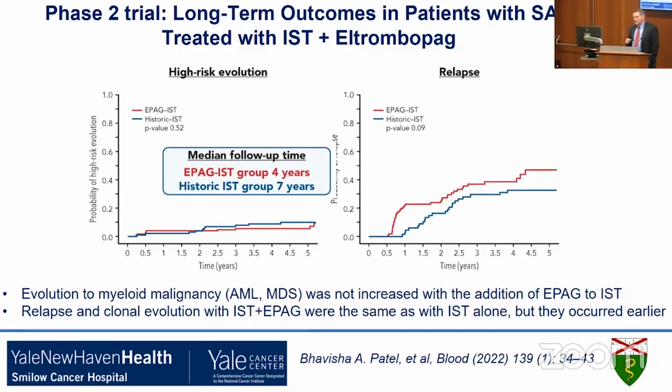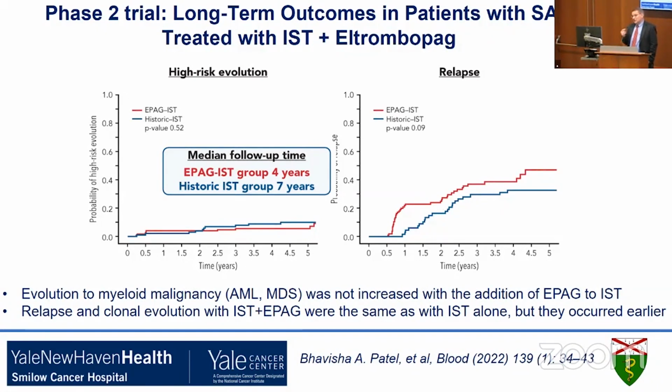Relapse, this is when counts normalize and then decrease, again was similar in both groups as well. So even though patients with triple therapy respond better, the relapse happens very similarly in both groups, treated with eltrombopag or not, which is an important finding.